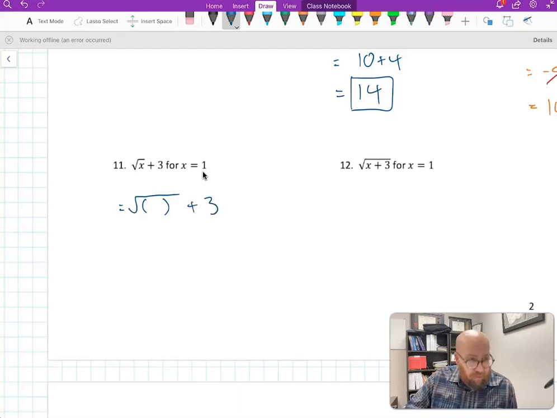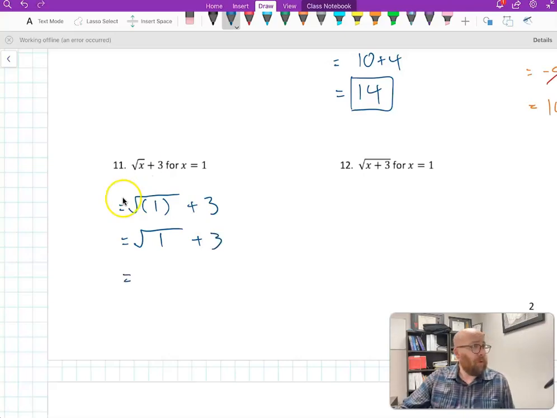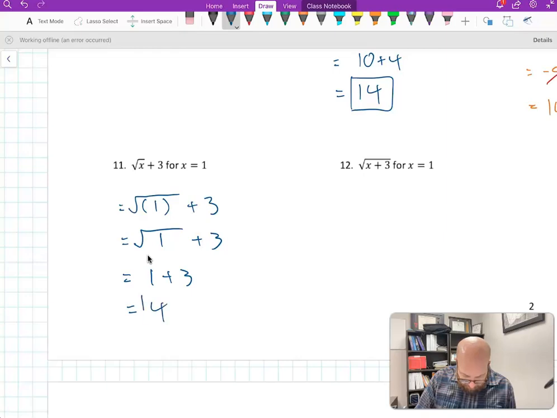Notice that that plus 3 is not inside the square root. We're going to replace the 1 in that set of parentheses. So this is just saying the square root of 1 plus 3. The square root of 1 is 1. And 1 plus 3 is 4.